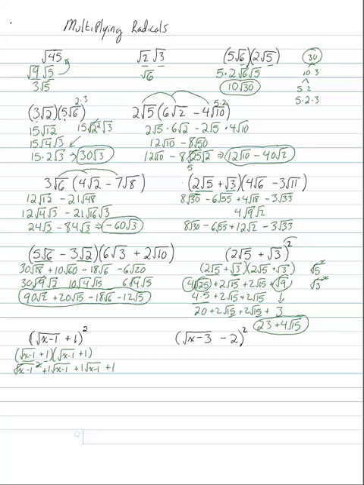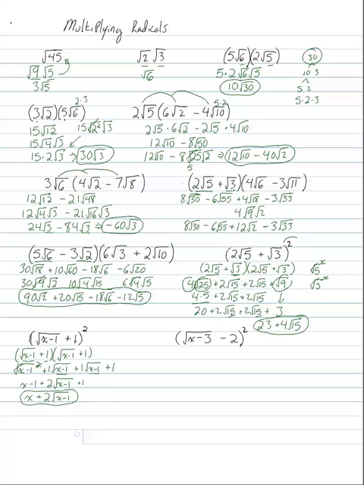So I'm going to get x minus 1 plus, hey look, I got like terms here. 1 square root of x minus 1 plus 1 square root of x minus 1, 2 square roots of x minus 1, plus 1. And I got like terms still. Minus 1 and plus 1 will just cancel each other out. So I'm going to get x plus 2 square roots of x minus 1. And that's it. Let's try the last one.